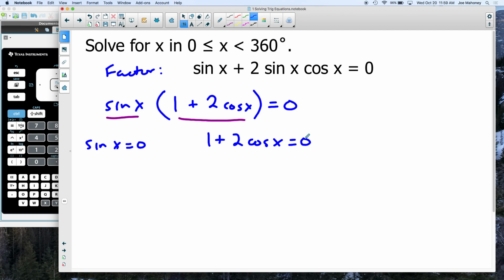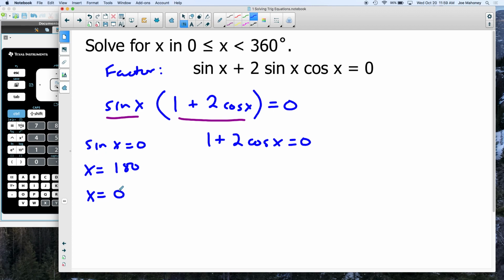Now, I don't know if I need to really use my inverse trig for sine x, because I know where sine equals 0. I know from my reference numbers that the sine of an angle is 0 when x equals 180 degrees and when x equals 0 degrees. If you want to go to your calculator and do inverse sine of 0, you're going to get 0. But remember, it's also equal to 180.